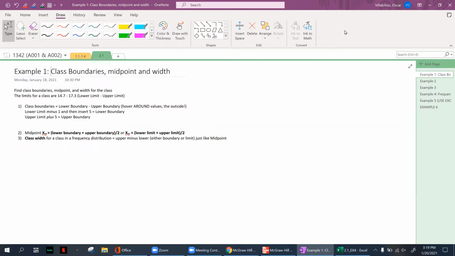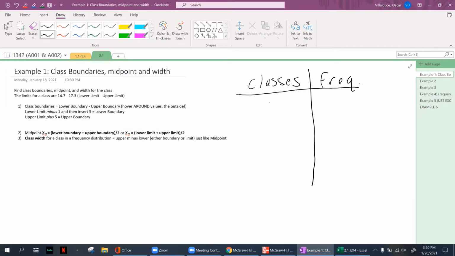This section is going to focus on distribution tables. Whenever we're dealing with these tables, there's going to be two columns for the most part: our classes column and our frequency column.